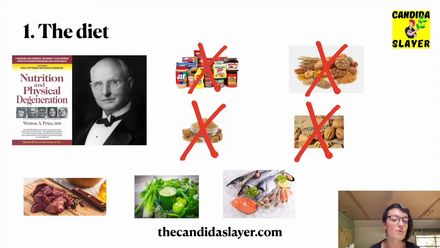But if you can't tolerate even cooked vegetables, then you can juice vegetables. That will make them very easy to digest. It's just the juice. There's no fiber, so you won't have issues anymore, because fiber can cause more bloating, more pain, more gas. So I really like to recommend juices.